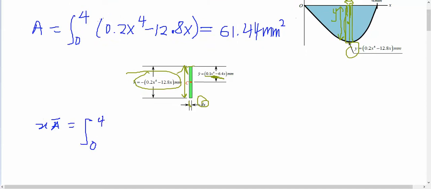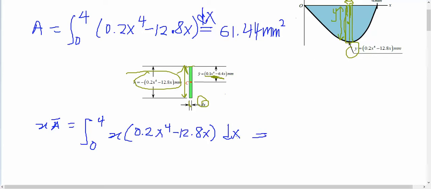We multiply x by this, 0.2 x to the 4 minus 12.8x, and this is dx. Okay, missed that here. It should be dx. So computing the integral, we get 136.5 millimeters cubed. This would be cubed because of a length times an area, so that's cubed.